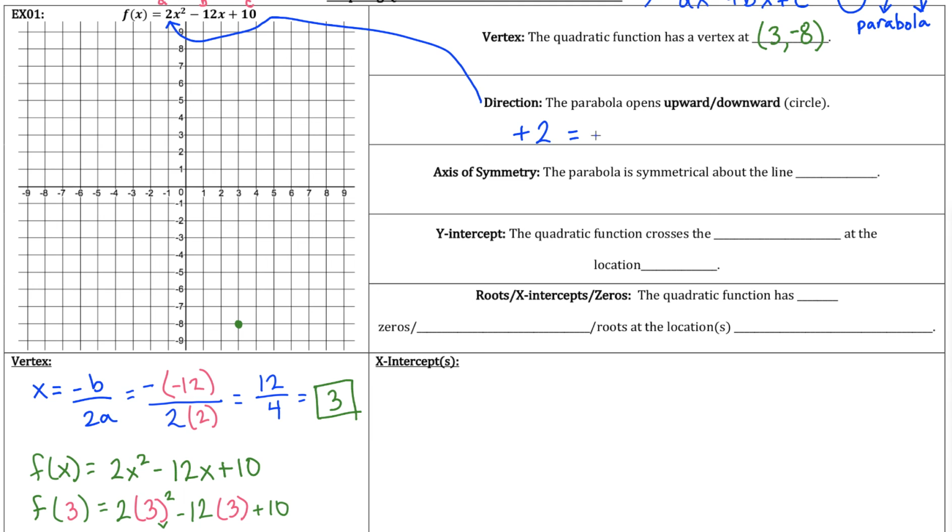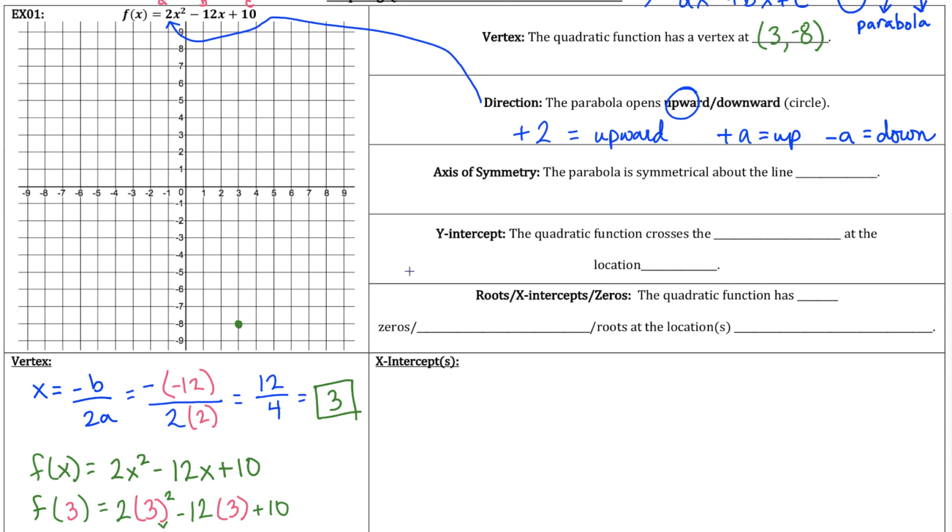So if a is positive, then we'll just say positive a equals up, negative a equals down. But we can always wait to answer this later anyway, and I'll show you why.